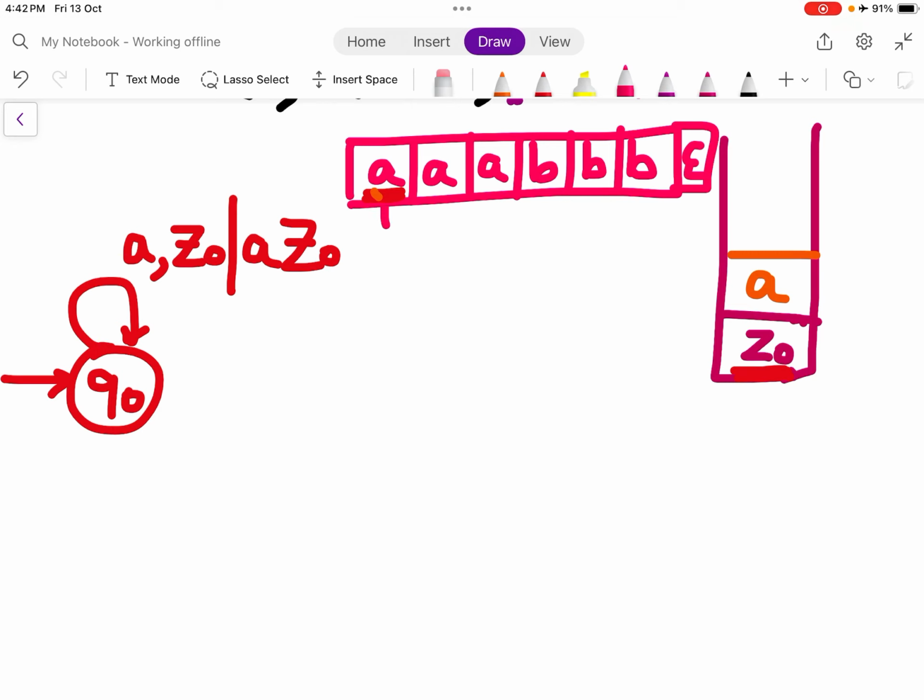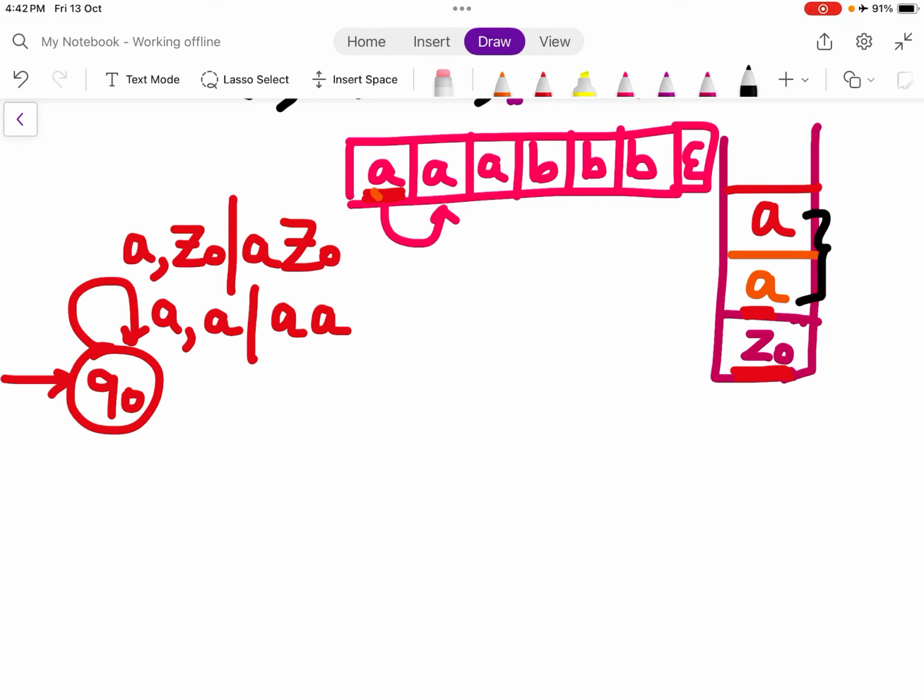Now the read write head will move one step ahead. You will again see an A. Now when you see A again, what do you write here? A, comma, on top of the stack you have an A. So A, and you will write A. That means A is pushed in the stack.